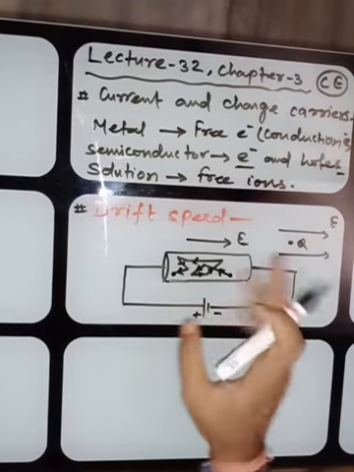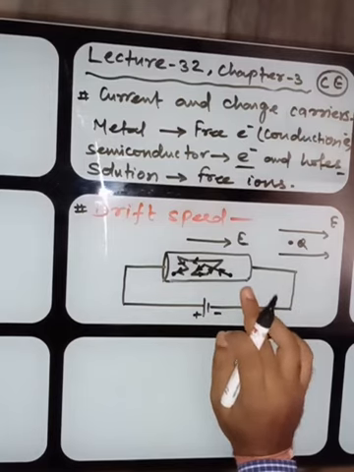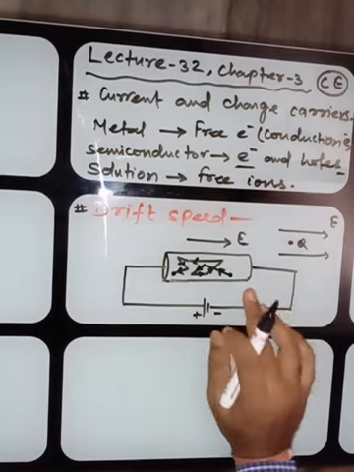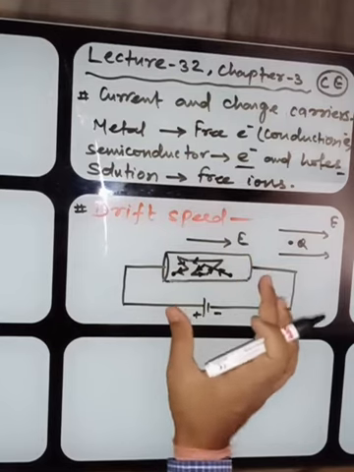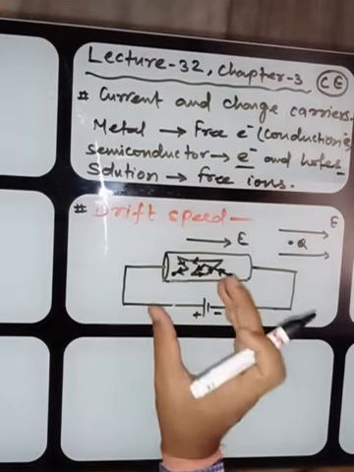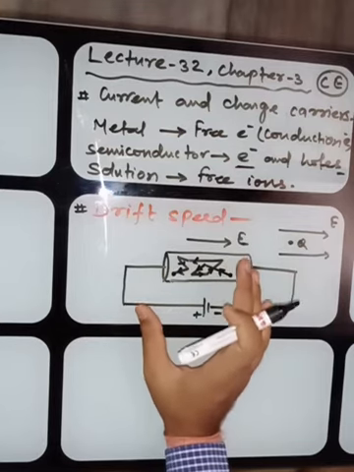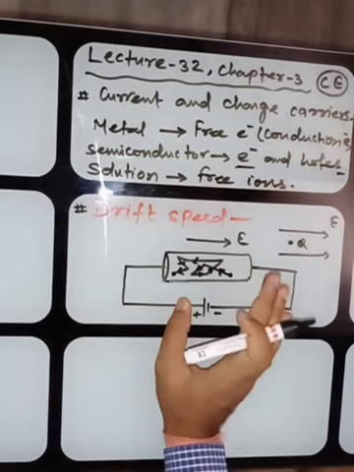You can write the definition of this drift speed, my dear students. The electron moves randomly within the conductor and collides with different electrons. So the definition you can write: under an applied electric field, the electron moves along the conductor and collides with different electrons.